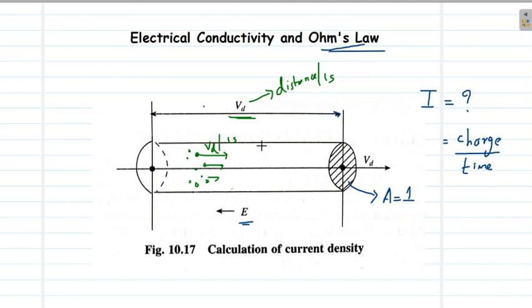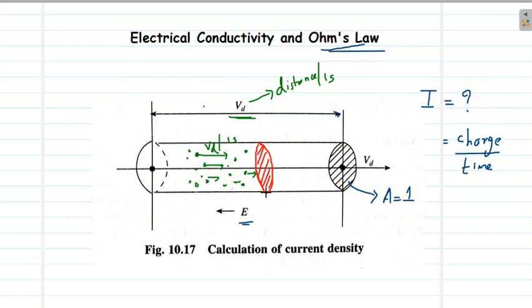If we define a cross-section area within this metal piece like this, let us calculate the total charge crossing this area per unit time. We know electrons have a drift velocity Vd. There are plenty of electrons on the back side of this considered cross section, and these electrons will be crossing this cross section within a unit time.